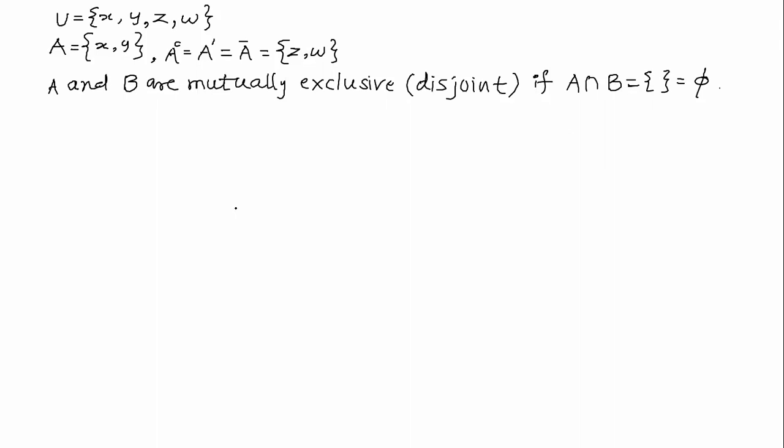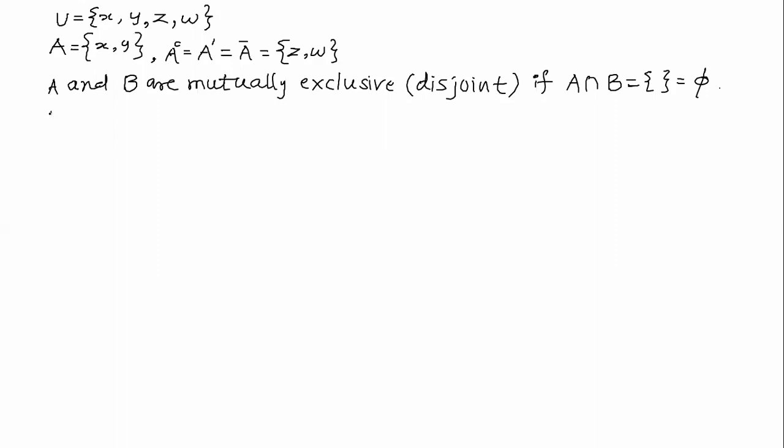Whenever A and B are mutually exclusive or disjoint, if some element X belongs to A, definitely X is not going to belong to B. Suppose some Z belongs to B, then definitely Z will not belong to A. It is quite possible that there is some element which does not belong to A and also does not belong to B, but it will never happen that a particular element belongs to both A and B. So this is said to be mutually exclusive.